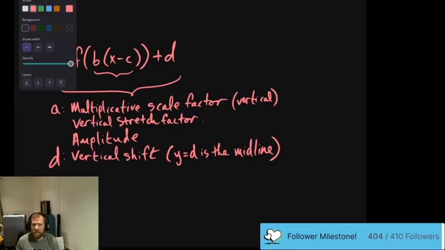And then when we take the stuff from the inside, our b, some of this stuff gets a little bit harder to see, like what exactly is going on. We may have to do an example, but if you were to multiply the inside of the function by 2, what you're doing is you're taking the x value and making it twice as large as it should be before finding the value of the function.